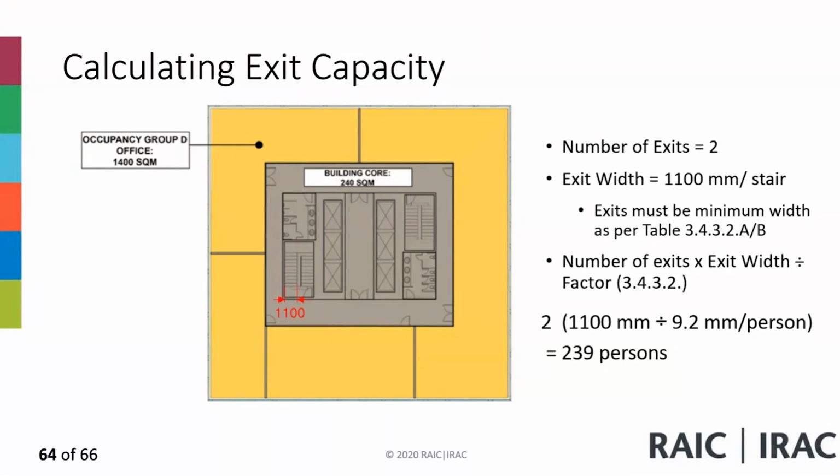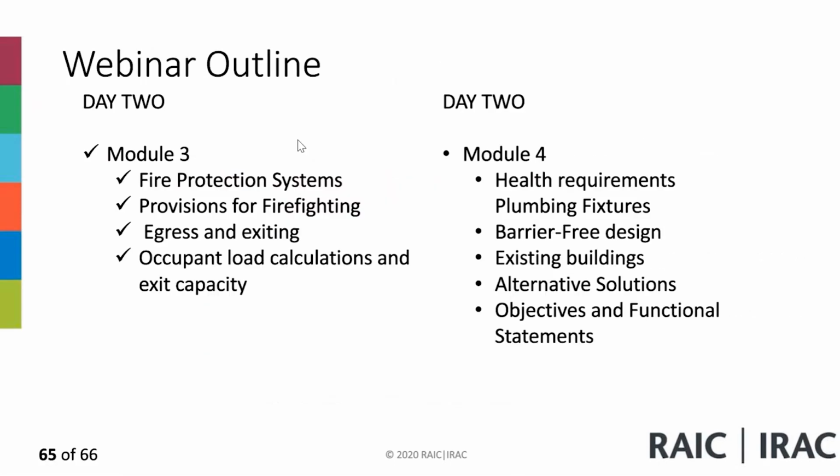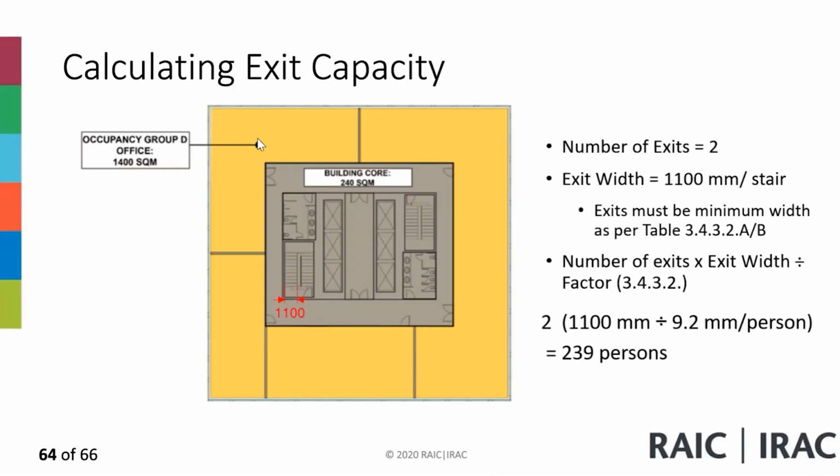However, when you look at each floor, we still don't have the total occupant load here. We know that 150 in this space is 150. With all these people, I'm probably going to exceed 239 persons if I have office spaces like that, and I will need more than 2 exits for that floor space.